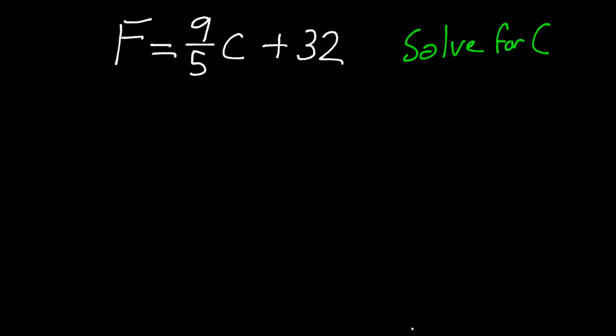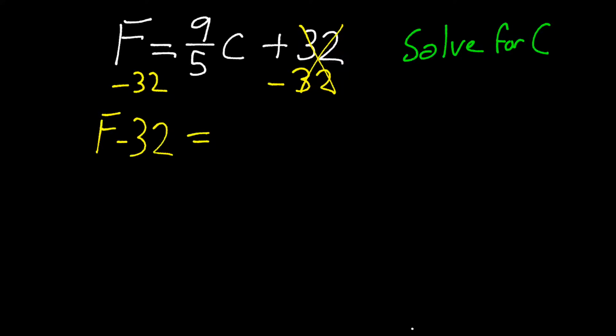So I'm going to subtract 32 from both sides. That'll cancel out 32 on the side with c and move it over to the side with f. So here we have f minus 32 equals 9/5 c.